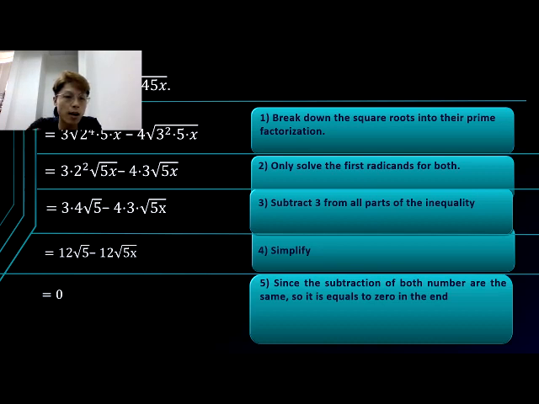Basically we just take it out, because in the square root the 2 to the power of 4, if we want to simplify it, we do 4 minus 2, so we get 2. So therefore it's 2 to the power of 2. It's also the same for the 4 square root of 3 to the power of 2.